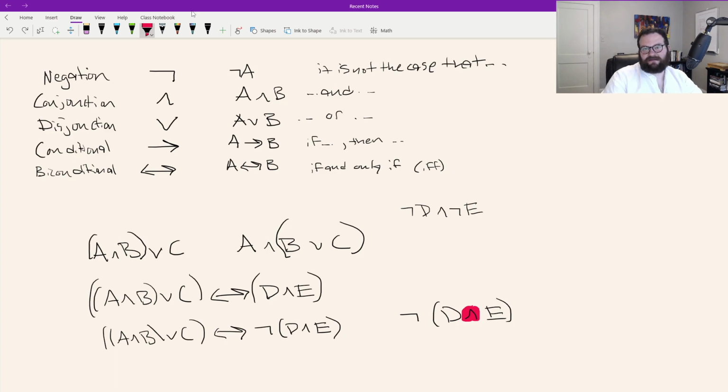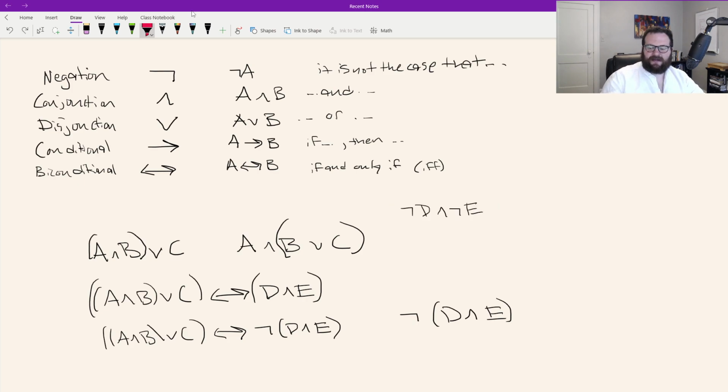So there's many different ways for this conjunction to be false. D could be true while E is false. D could be false while E is true. Maybe D and E are both false. There's 3 different ways in which that conjunction could be false. Whereas up here, this is telling us outright, no, D is false and E is false. That's the only option, right? So they do not say the same thing, even if you might think they do.